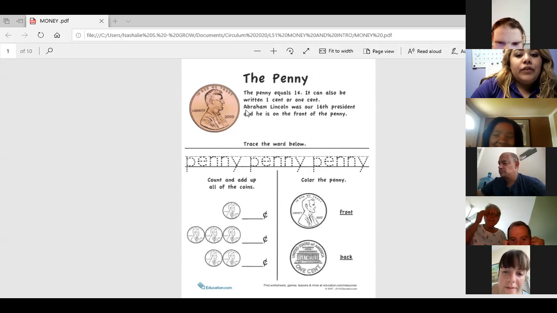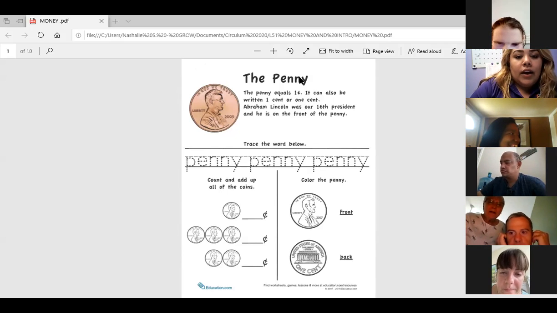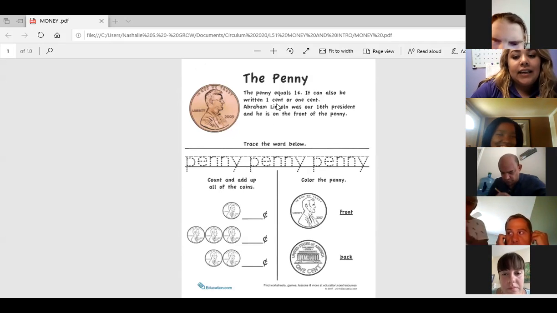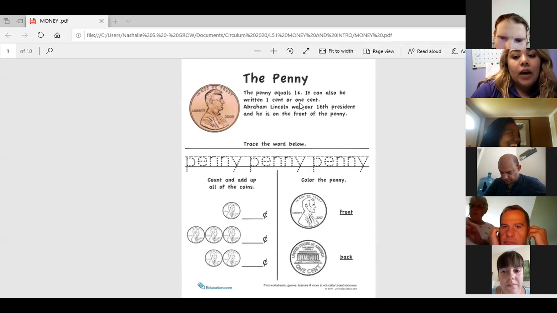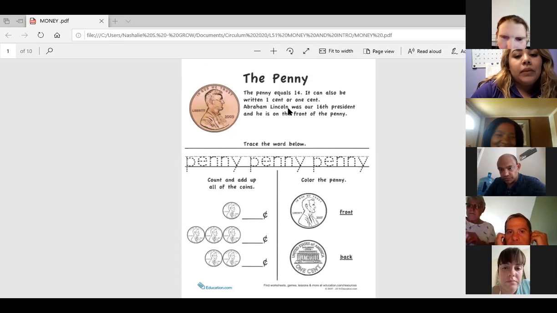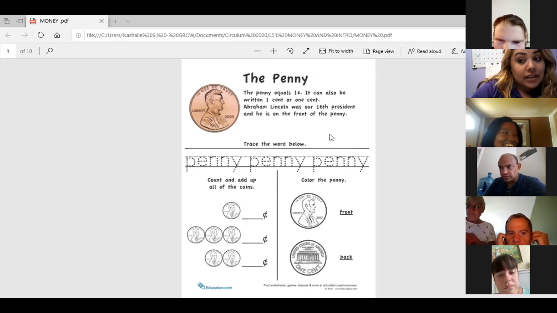You see it here on the top. It says the penny equals 1 cent. It can also be written as 1 cent, C-E-N-T, or 1, spelling out the number 1. And then it says a little history about the penny. It says Abraham Lincoln was our 16th president, and he's on the front of the penny.